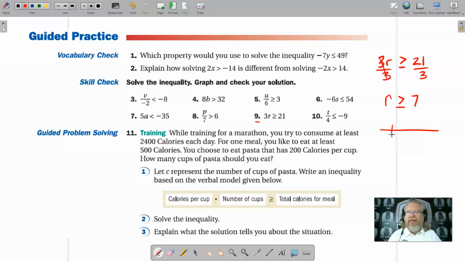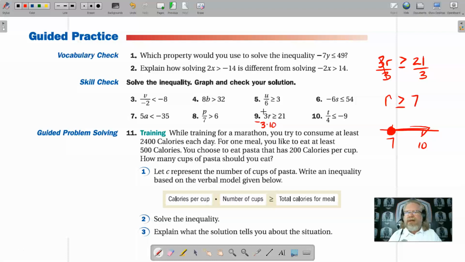If we go ahead and graph this and we find 7 on our number line, we want a closed dot, right, because we do have the equality concept, the half an equal sign. It is greater than or equal to, so 7 could be an answer. And then we want to go to the right on the graph. So let's pick a number down here to the right of 7. I think 10 might work well. So let's plug in 10. 3 times 10.